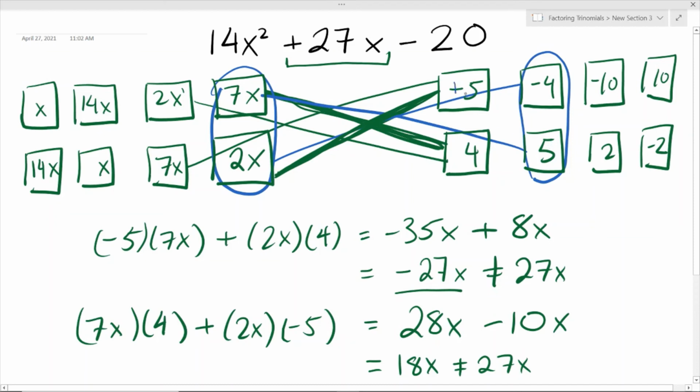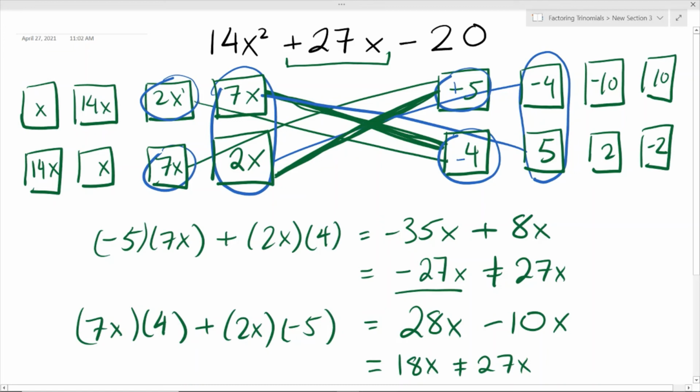We could have made this positive and made this negative, because then 2x times -4 gives -8x, and 7x times 5 is going to be 35x.